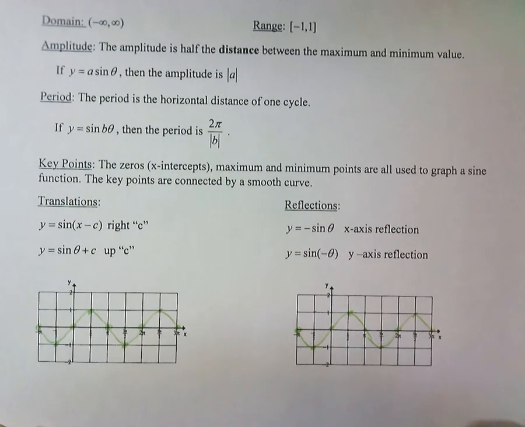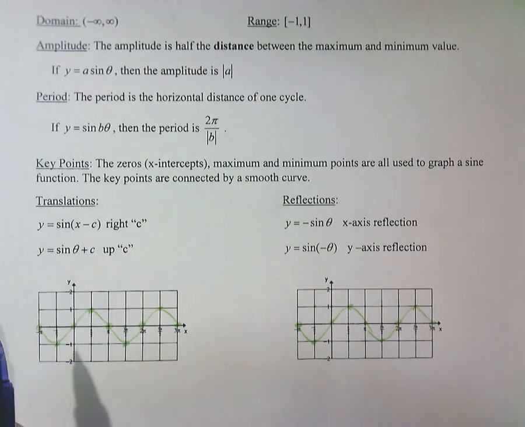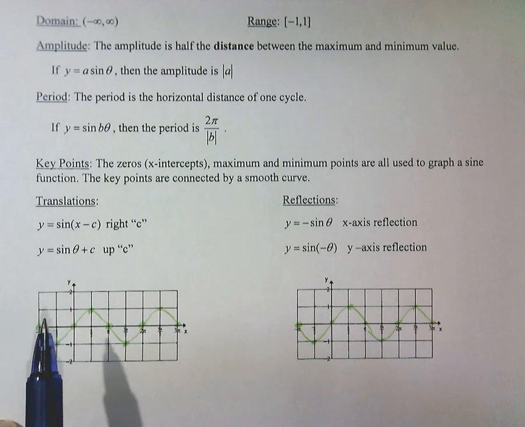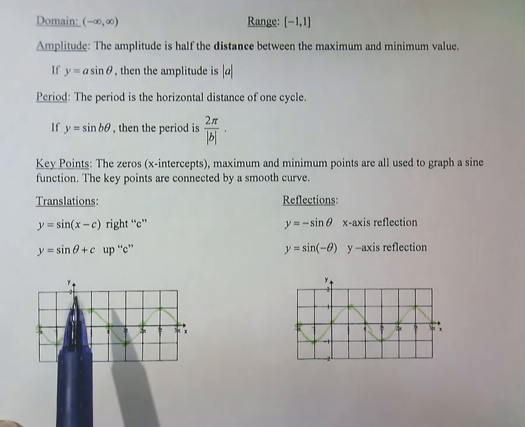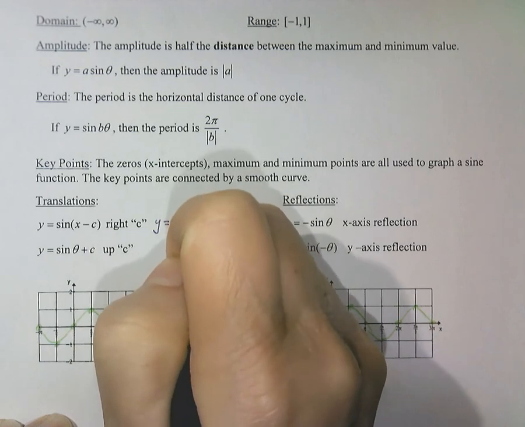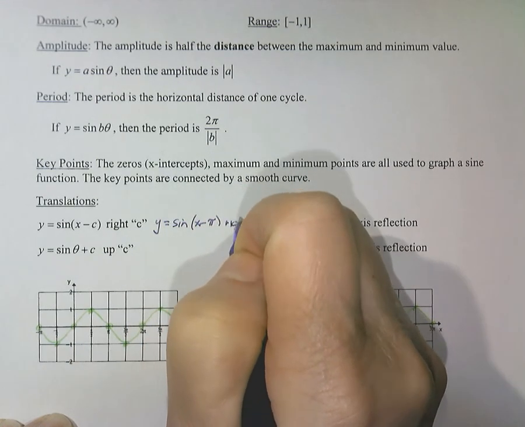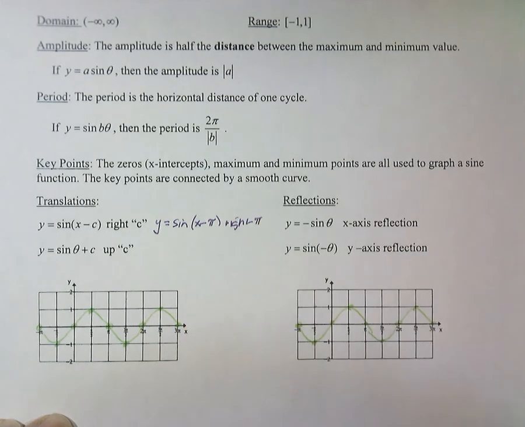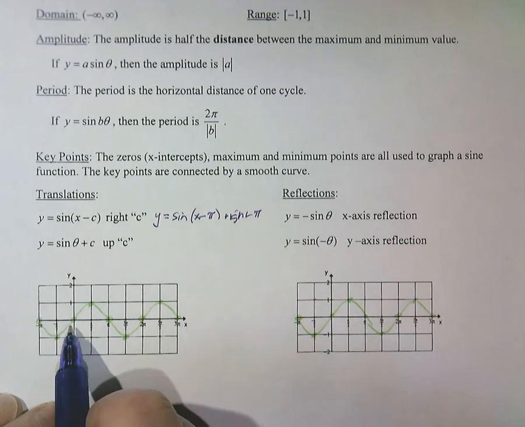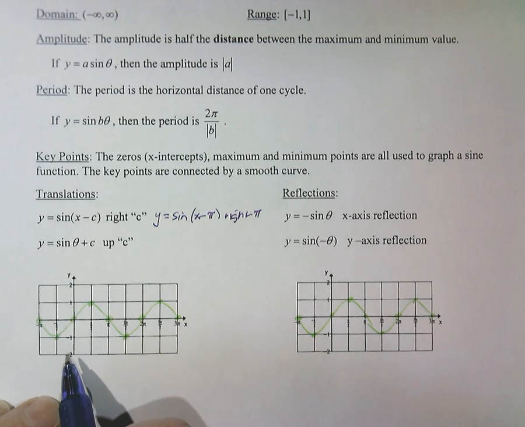So if I start out with y equals sine x minus c, it's going to move it right c or left c, depending on what the value of c is. So if I did y equals sine x minus pi, I'm going to go right pi units. So I always start at the origin, and this faint line that you can see, this green line, is the parent function.